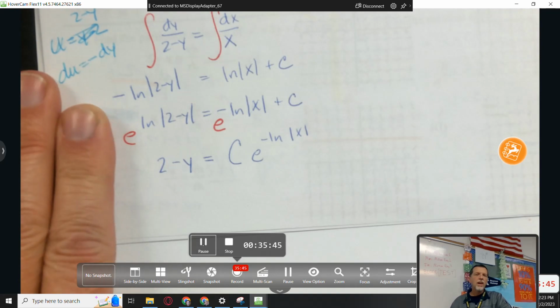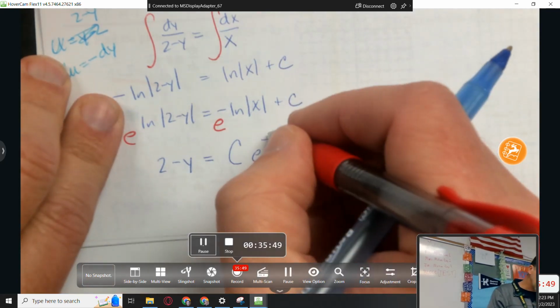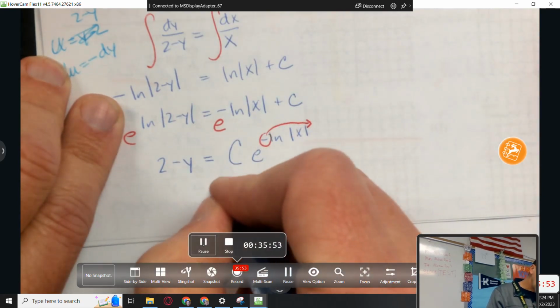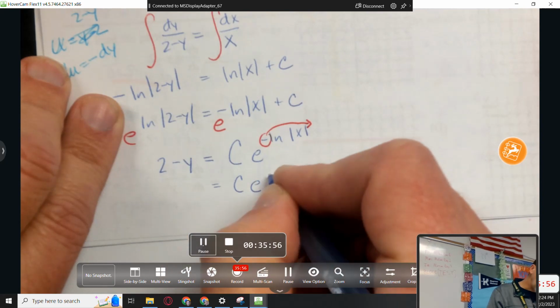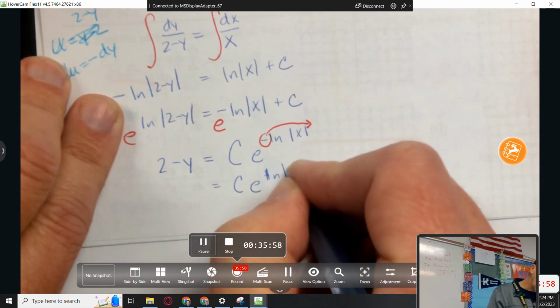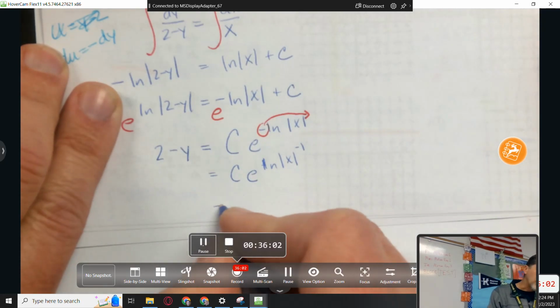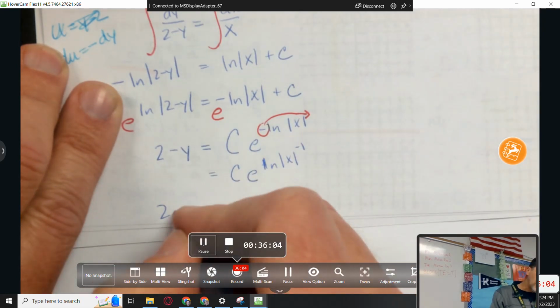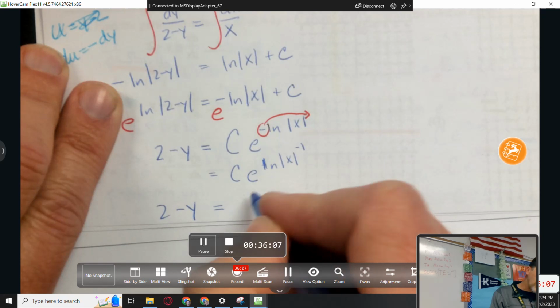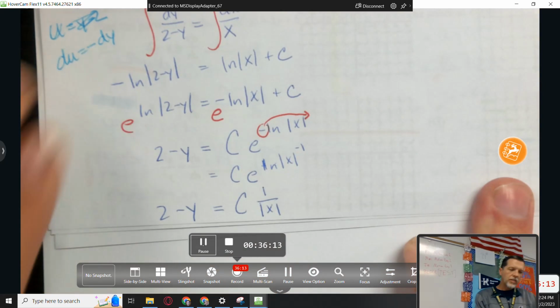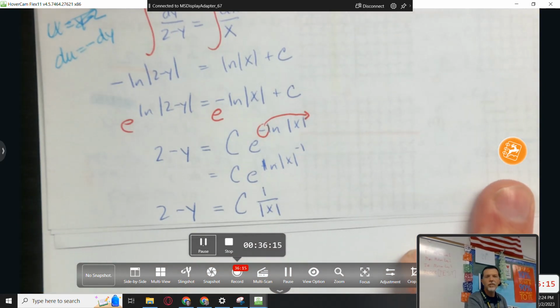E and natural log kind of cancel each other out, but I don't like the negative there. I don't like this problem. It's just ugly. So e to the natural log cancels out. C times 1 over the absolute value of x.